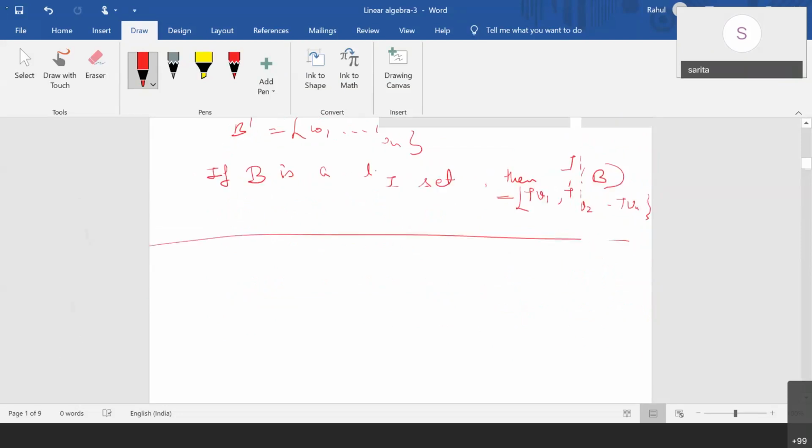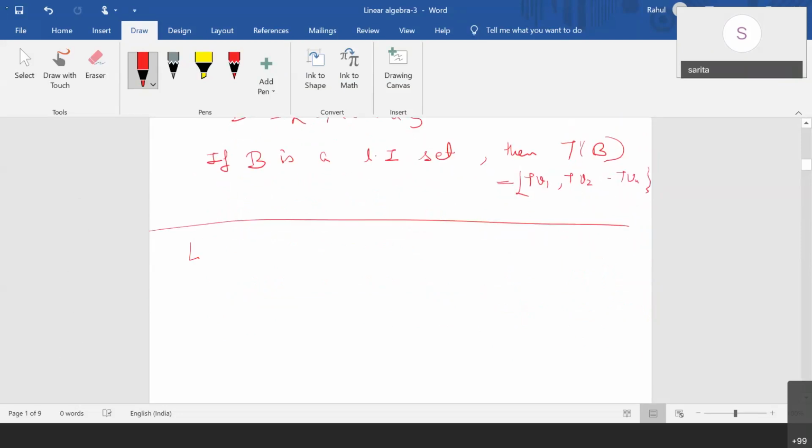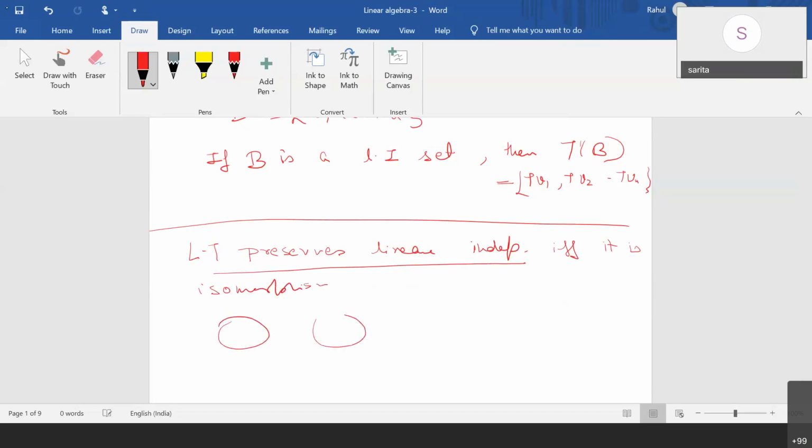So what I'm saying is, a linear transformation from V to W preserves linear independence if and only if it is an isomorphism.